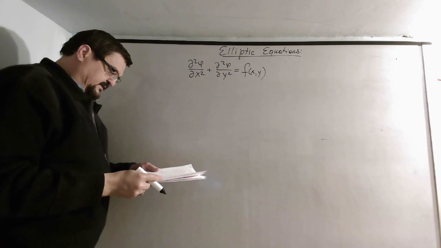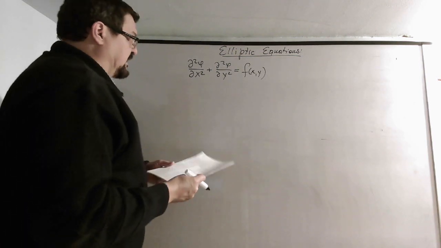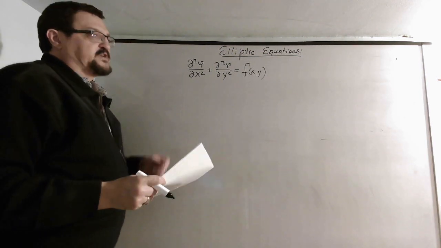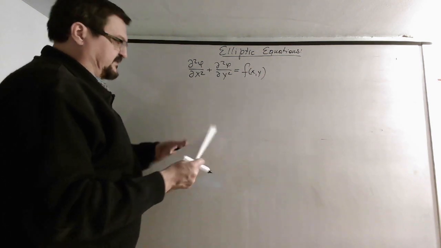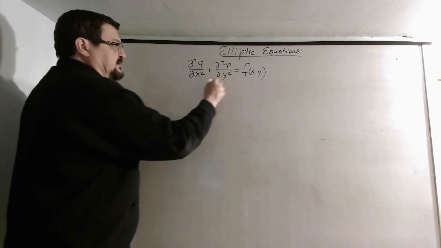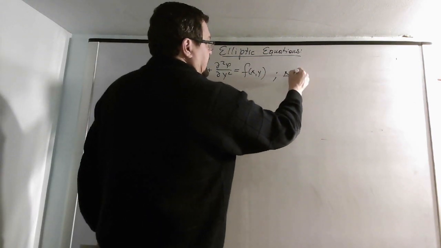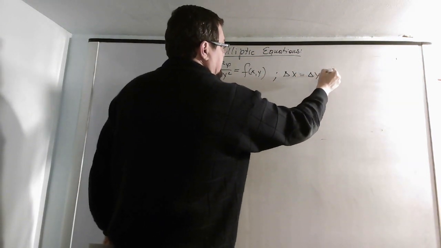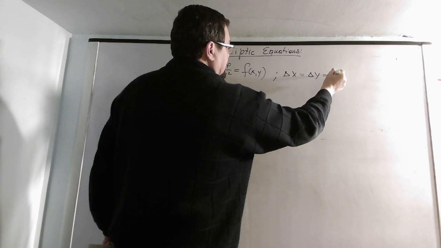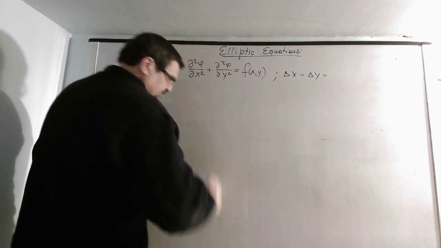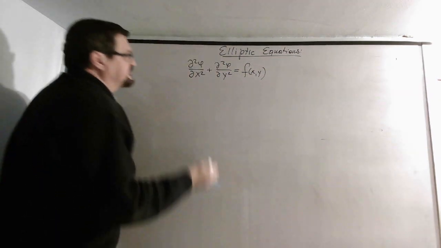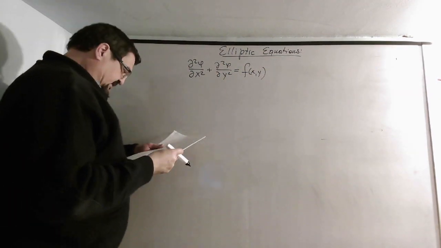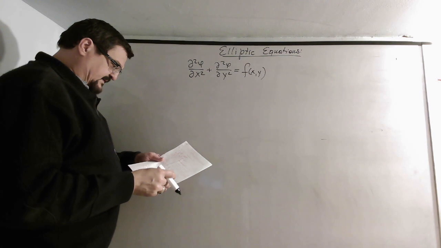And you can use Fourier decomposition, and that only works when delta x equals delta y. Well, in this case there is no delta x yet, right? So just generally, if you have this equation, theoretically how can you solve it using Fourier harmonics.